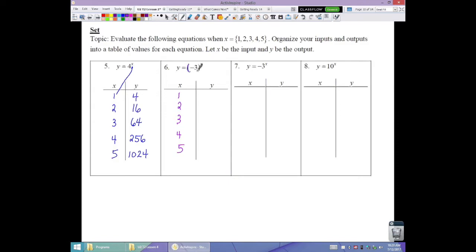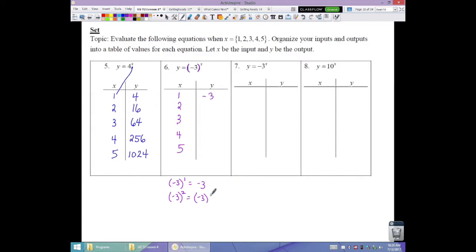When I have the parentheses in number 6, then -3 to the first is just simply -3. Parentheses don't seem to matter at all. When I have -3 squared, that actually means the entire -3, including the negative sign, is squared.